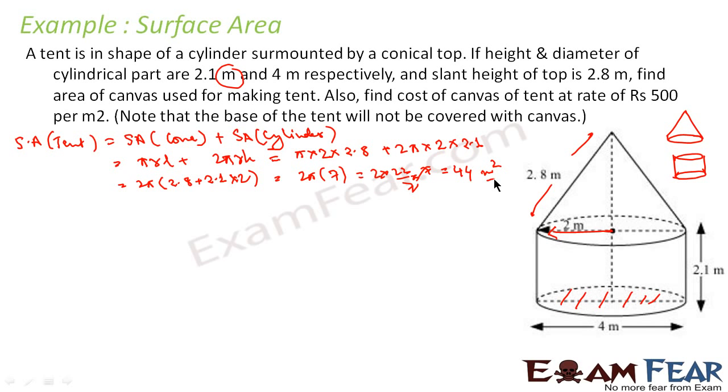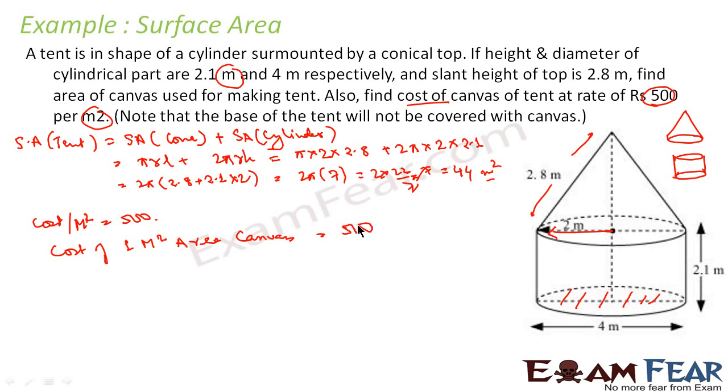Now the second question is, we have to find the cost of canvas at the rate of 500 rupees per meter square, right? So the cost per meter square is 500. So you can say that the cost of 1 meter square area of canvas is equal to 500.